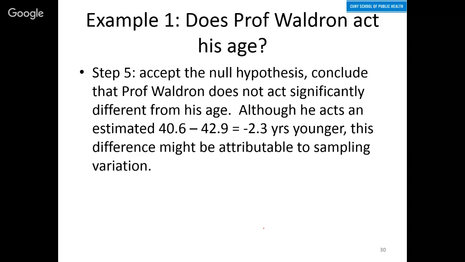It was a small sample size, so although the average was a little bit younger than my age, 2.3 years, with the sample size that we had, that was consistent with sampling variation. And if we were to take another sample of the same size, we could very well end up seeing a mean equal to my age or even greater than my age.